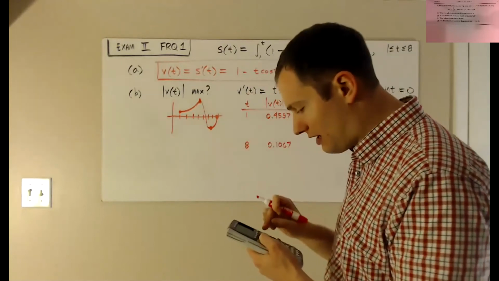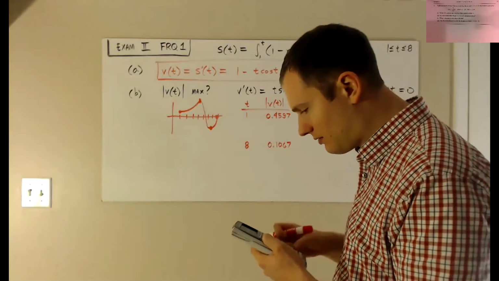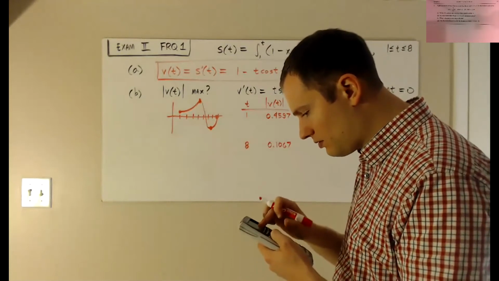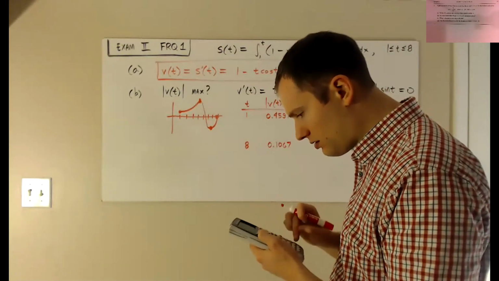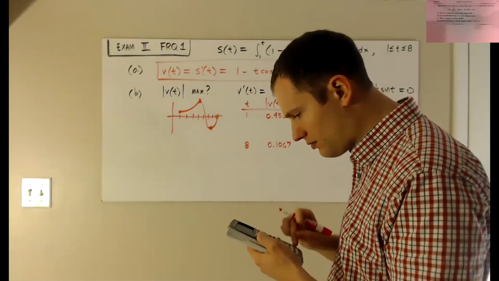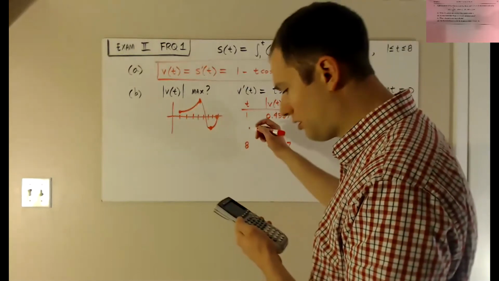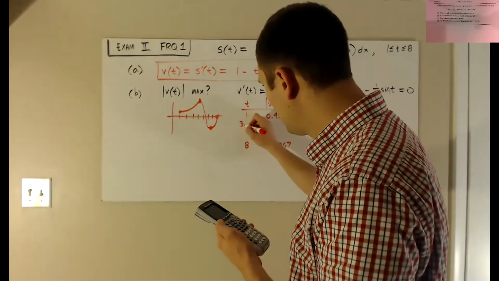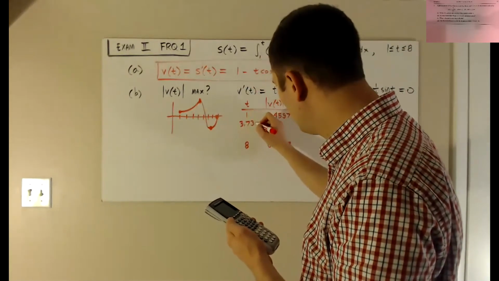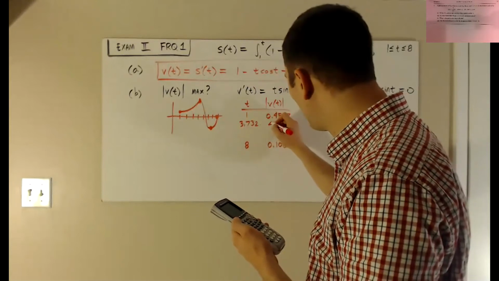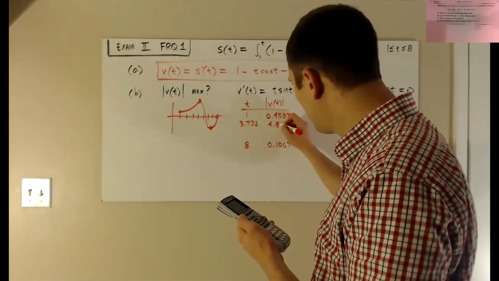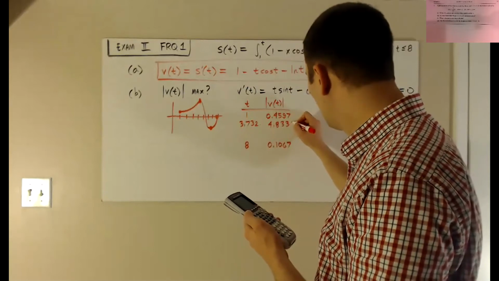And then I don't know what those values are, so let's find those. Maximum: that maximum there is at 3.732, and that's 4.8334.